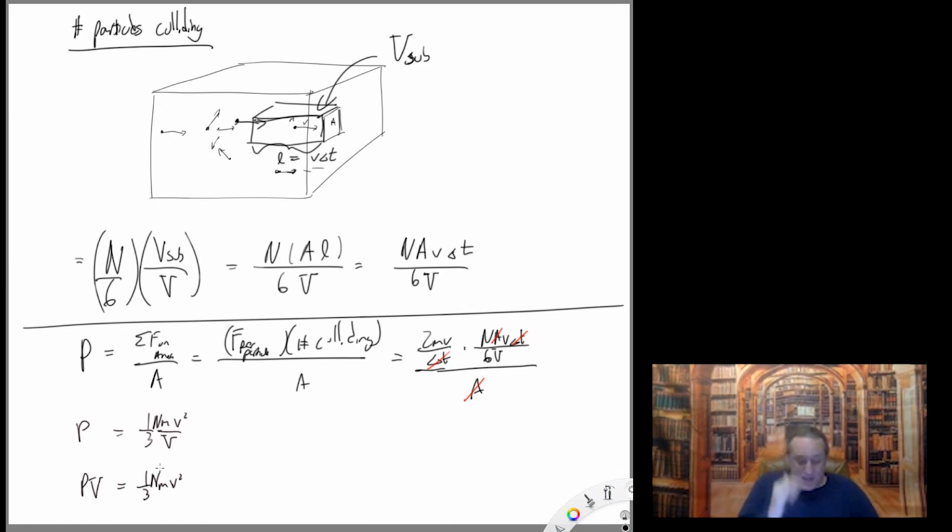Okay, so PV reminds me of the ideal gas law. If we use the physics version of the ideal gas law, PV is equal to big N times k Boltzmann times T, and this is equal to 1/3 times big N times m v squared. So the big N just cancels out. It only works in the physics version.